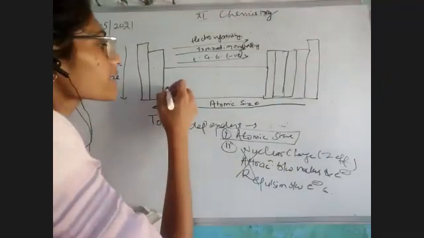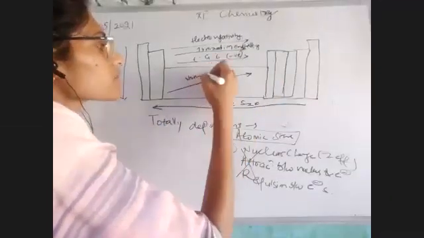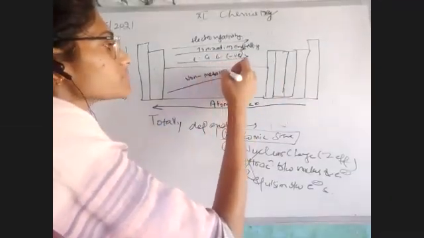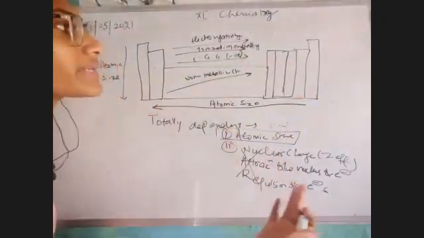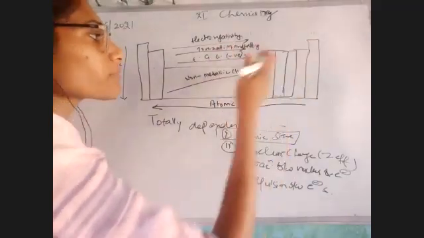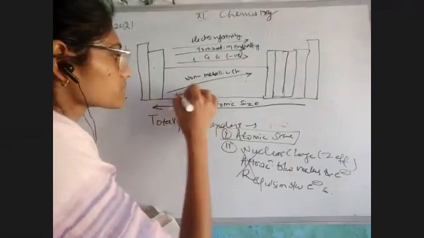We have seen that our non-metallic character is increasing along the other groups, or we are saying across the period, and my metallic character is decreasing.